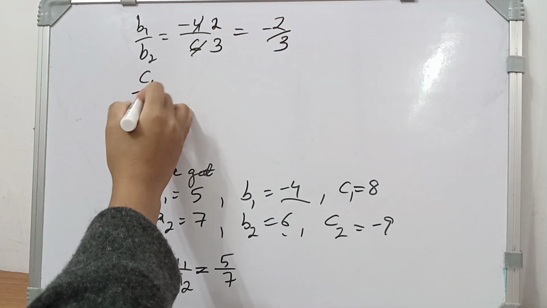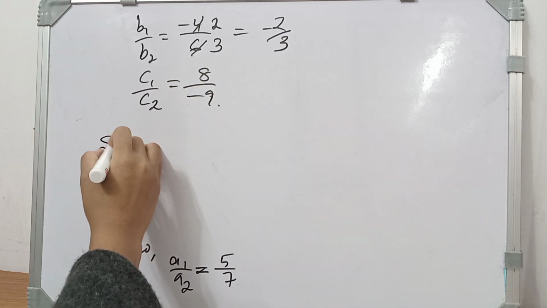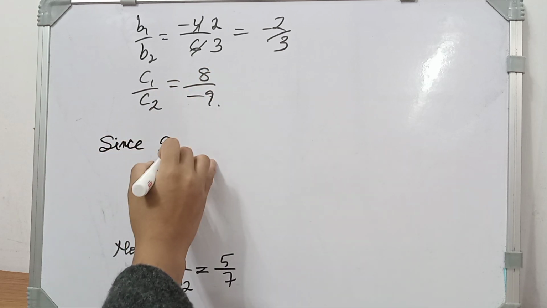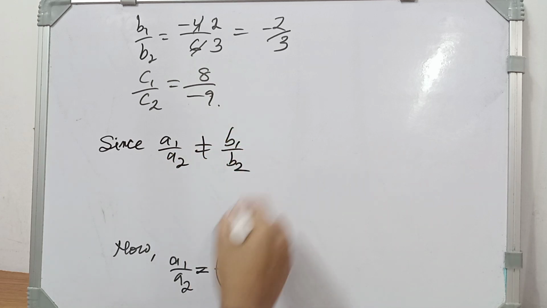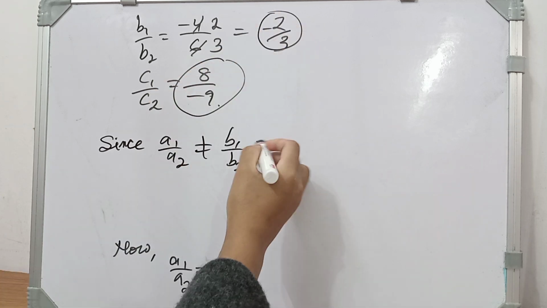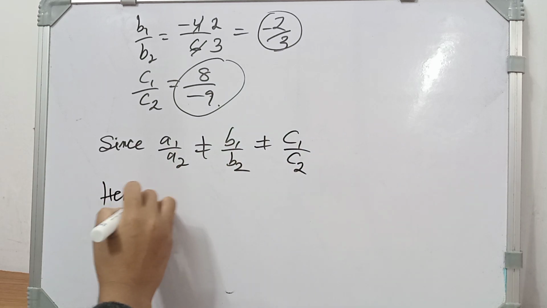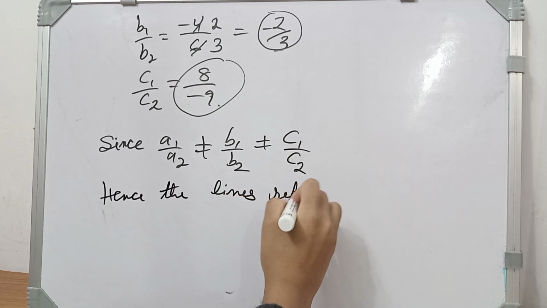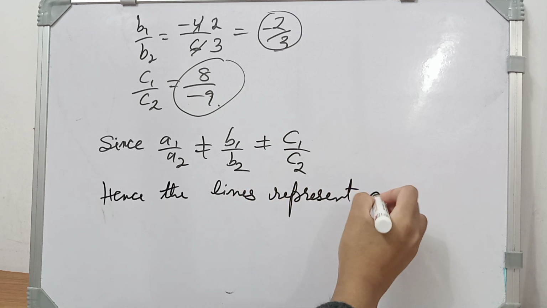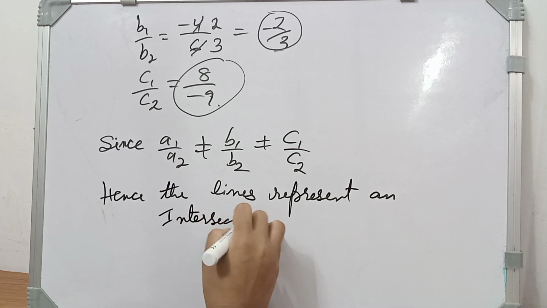And c1 by c2 is 8 by minus 9. Since a1 by a2 is not equal to b1 by b2, and this pair is not equal to c1 by c2, hence the lines represent an intersecting line.